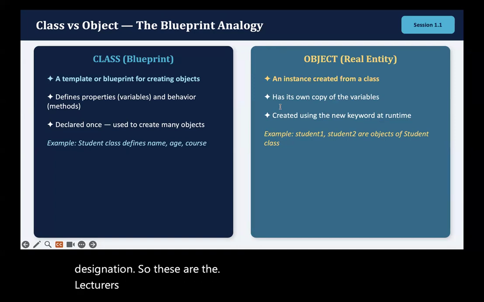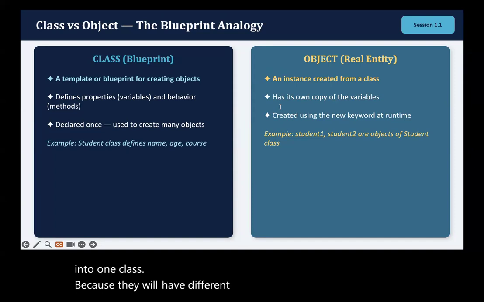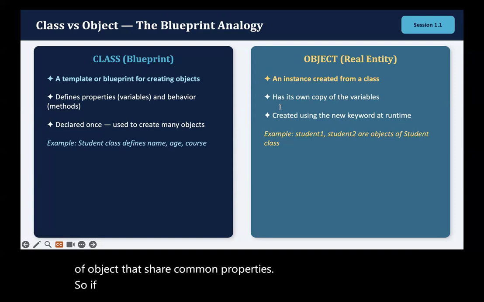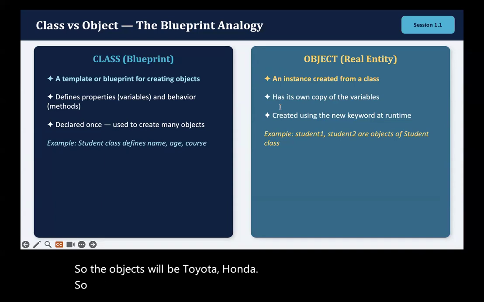So you cannot combine students and lecturers into one class because they will have different properties. So a class is a collection of objects that share common properties. If I take a class car, the objects will be Toyota, Honda. These are the objects and they will have the same properties.